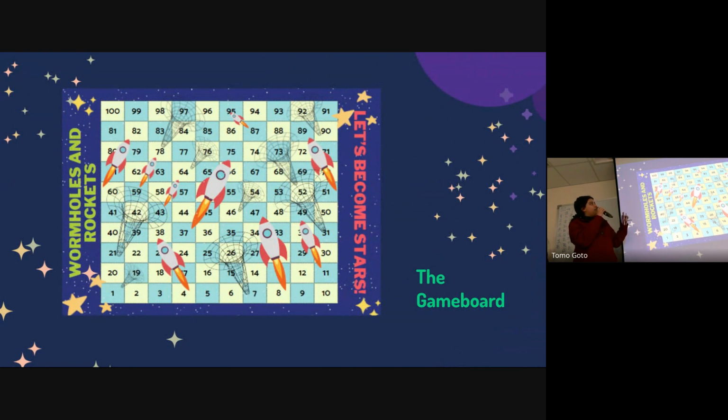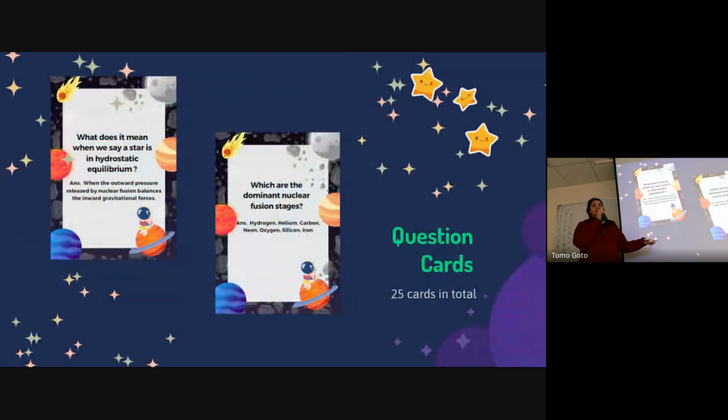We just did a variation, including concepts related to space, and we incorporated some play cards in order to make sure that players are understanding the physics concepts presented in the game. Here are examples of the game cards that will be asked in the game. As you can see, these are topics related to how stars are made, the processes that go on within the stars, and also star death.